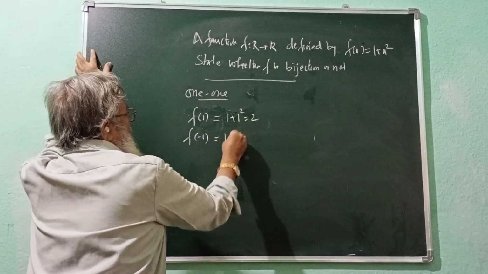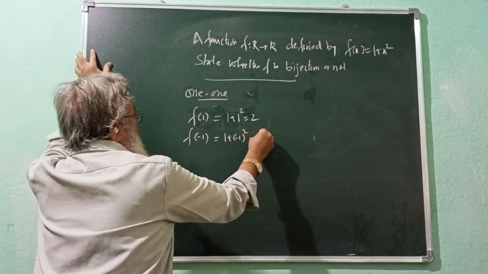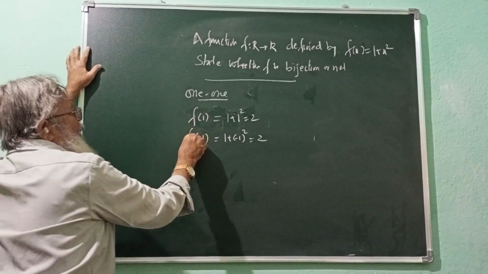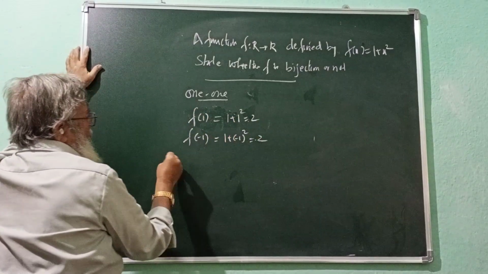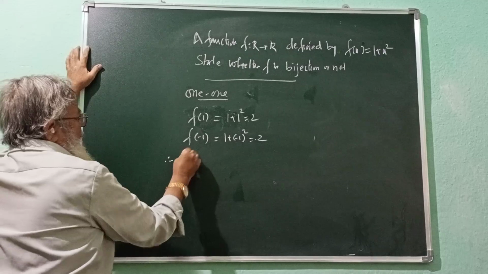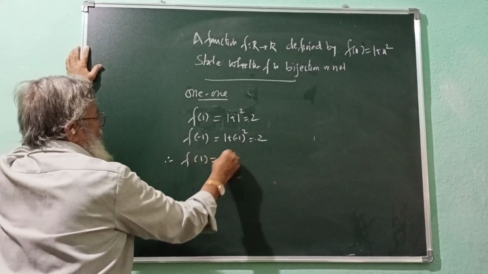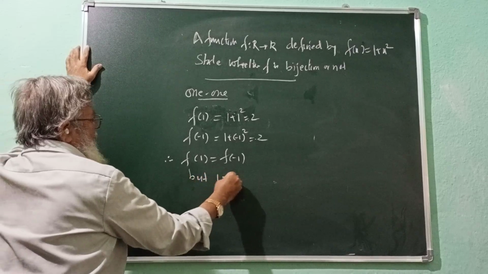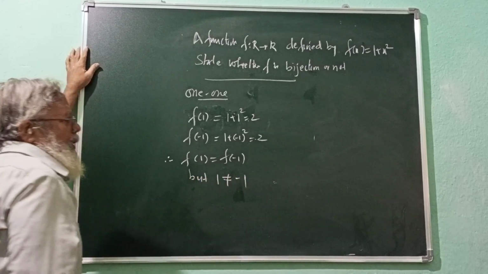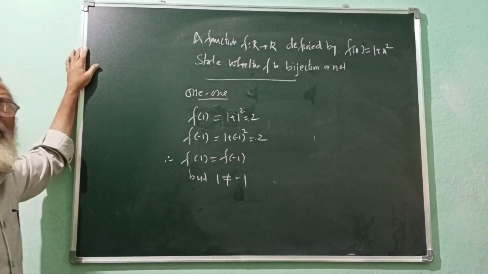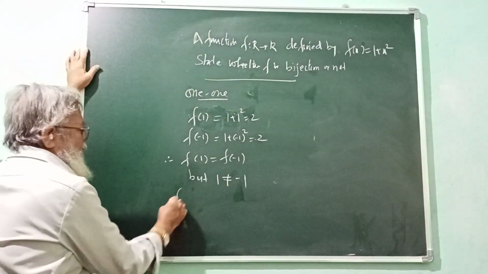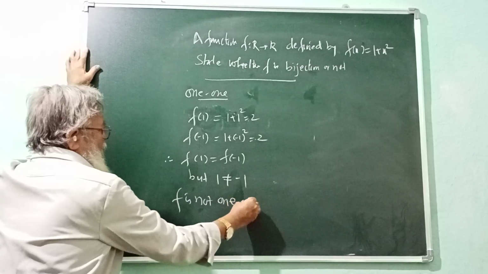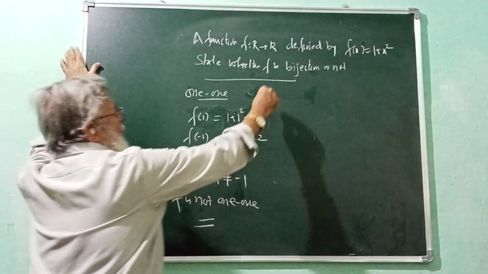So 1 + (-1)² is also 2. So the values of f(1) and f(-1) are both 2. So f(1) = f(-1), but we cannot say that 1 = -1. Therefore by the counterexample it is clear that f is not one-one.